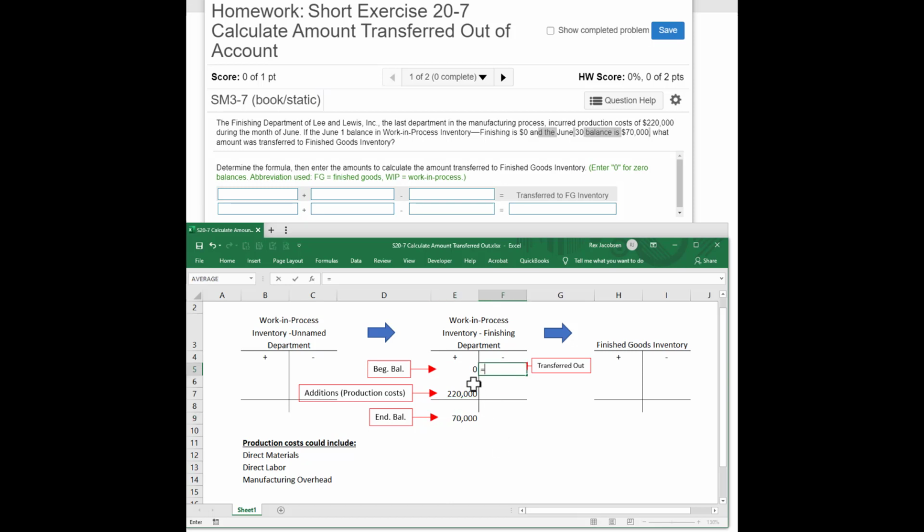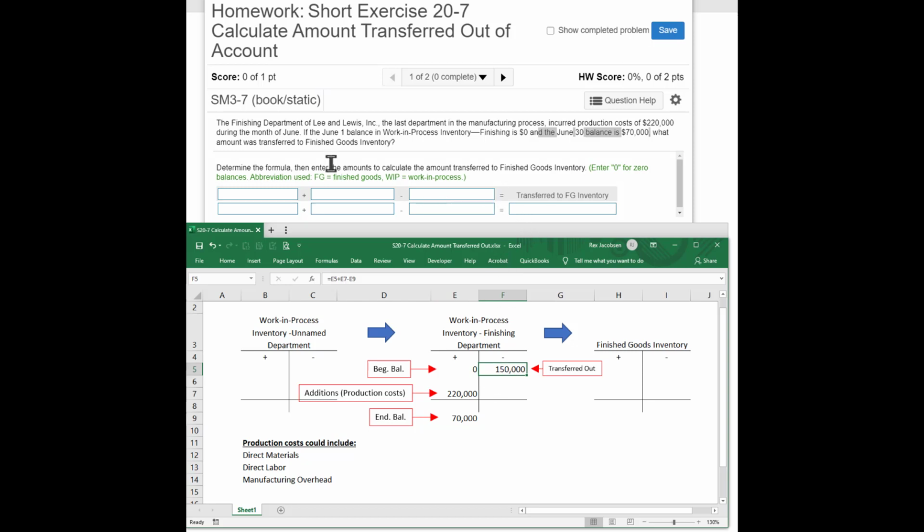In my Excel, I go beginning plus additions, also called production costs, minus the ending balance equals 150,000. So the costs transferred out were $150,000. Remember that the costs to be accounted for, these two, have to equal the costs accounted for, the ending balance plus the amount transferred out.